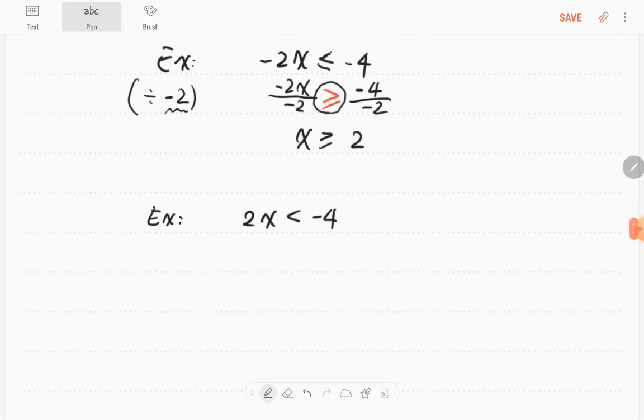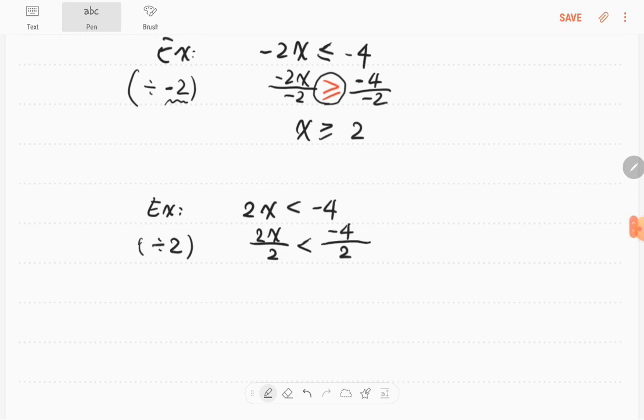So if we want to solve this inequality, we still need to divide by the coefficient of x. So both sides we will divide by 2. So this time, 2 is a positive number. So we know the symbol will not change the direction. So it remains the less than sign. So next, we only need to do the remaining part.